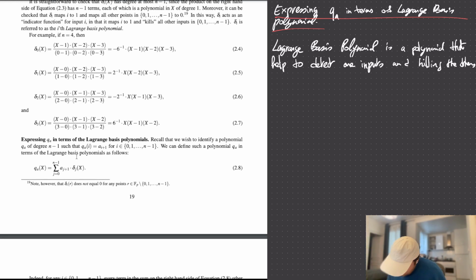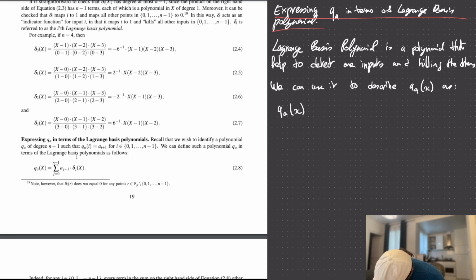So we can use it to describe Q_A of x as Q_A of x equals the sum.